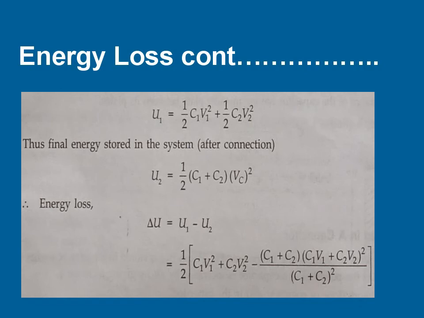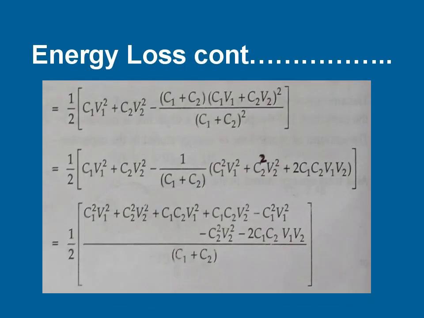Next slide, we solve this equation. From this side we get this equation: half C1 V1 square plus C2 V2 square minus C1 plus C2 into C1 V1 plus C2 V2 whole square upon C1 plus C2 whole square.